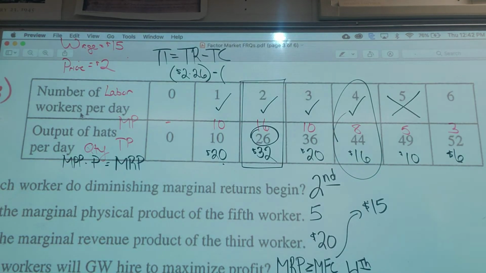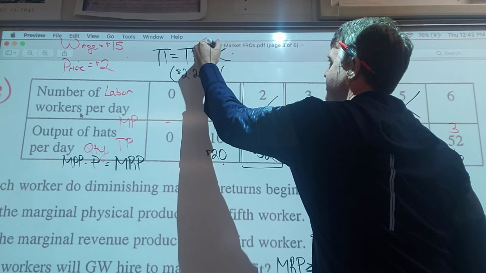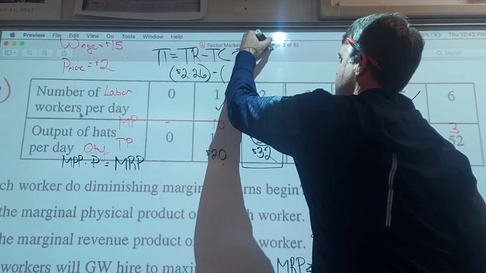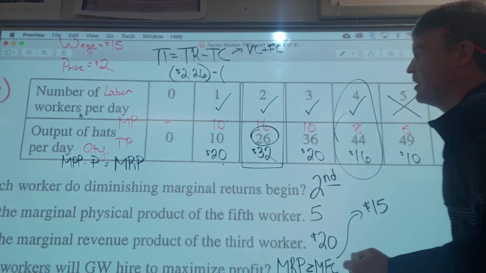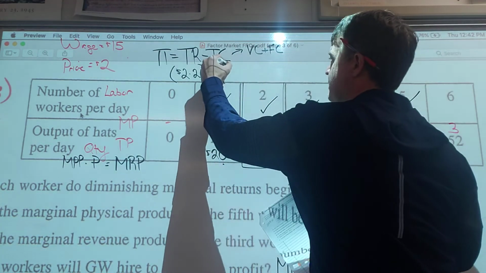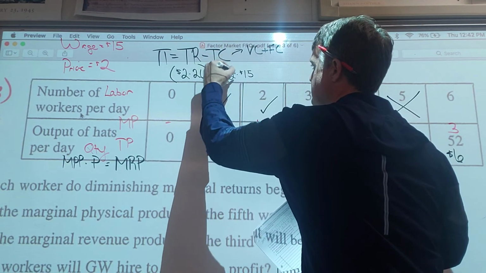My total cost, remember from way back when, is variable cost plus fixed cost. Well, it says in the problem the only variable cost is labor. So if labor is my only variable cost, my variable cost is 2 workers times $15.